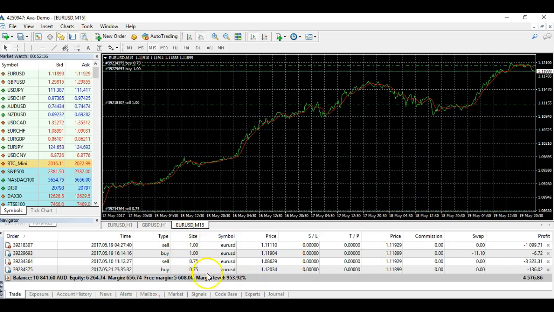The size of your trade has to be as small as you can, because otherwise these numbers are higher, it's taking too much out of your equity, and you're putting your capital at too high a risk, as opposed to smaller trades. Smaller trades are much safer in the long term, because you're just trading it, allowing it to grow. But of course, if you know exactly where the market is going, then the size or volume of a trade could be a bit higher to take advantage of that.